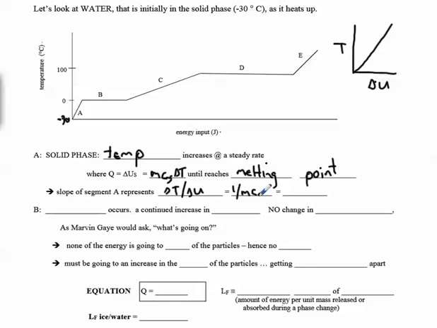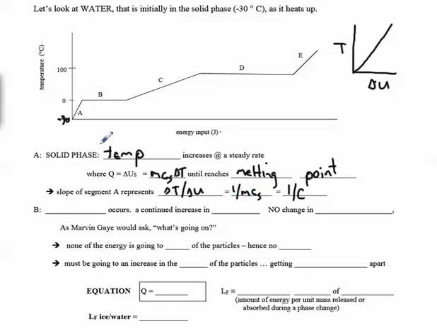And again, the specific heat of solid water is different than liquid water, and if you recognize this, mass times specific heat is the heat capacity, so we'll call that big C. So you need to be aware that the slope is in essence an inverse of heat capacity, or the inverse of specific heat times mass.